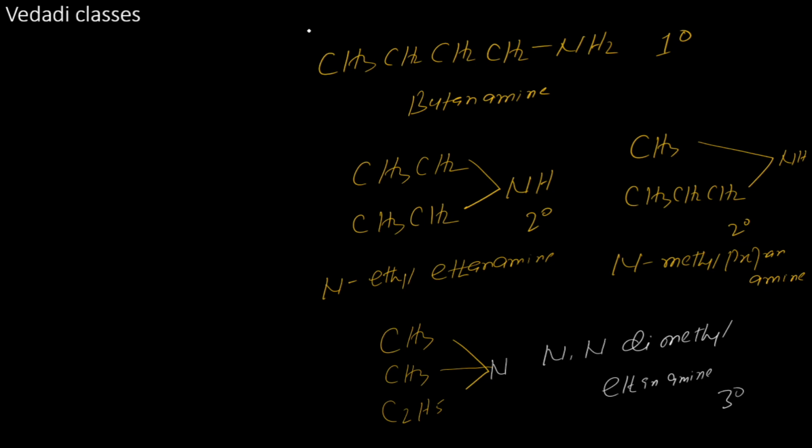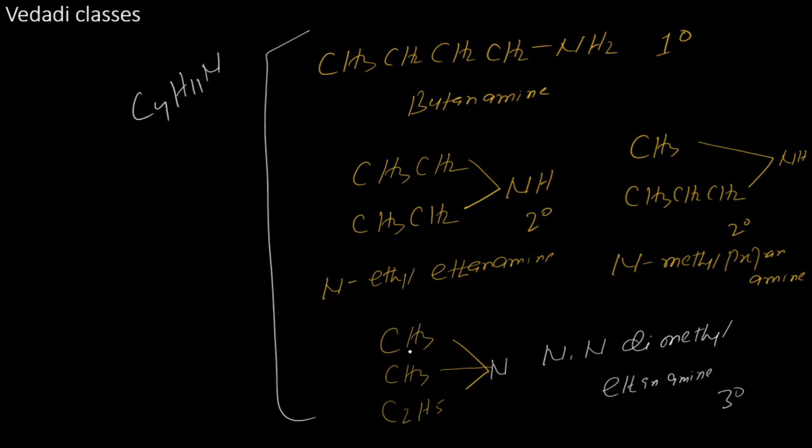Now check the molecular formula in all the cases. If we check the molecular formula, it will have 4 carbon, 11 hydrogen, and 1 nitrogen over here. In this case again 4 carbon, 11 hydrogen, and 1 nitrogen.